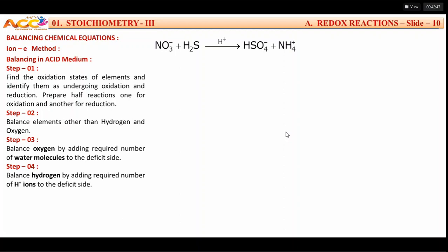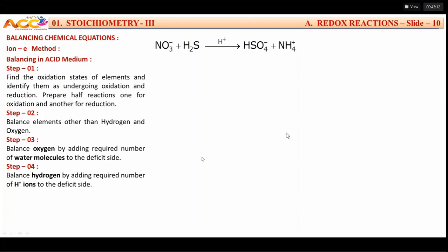Similarly, charge cannot be created, charge cannot be destroyed, charge can be transferred from one point to another. Therefore, balancing a chemical equation means we should talk about both conservation of mass and conservation of charge.